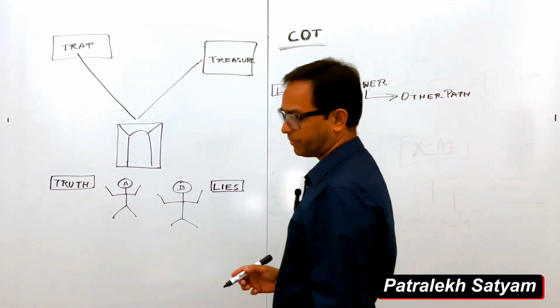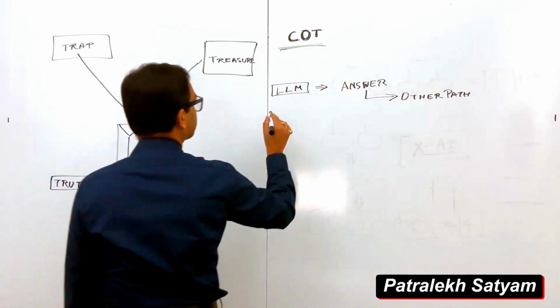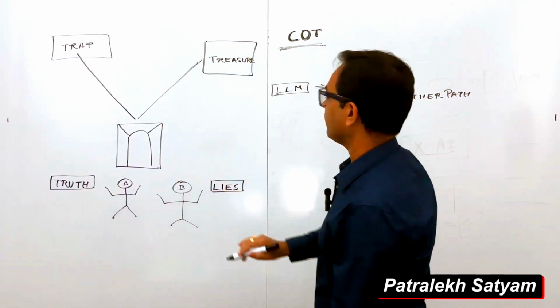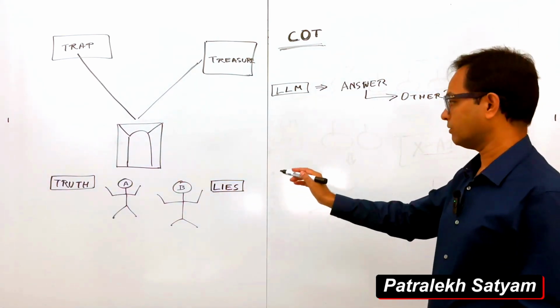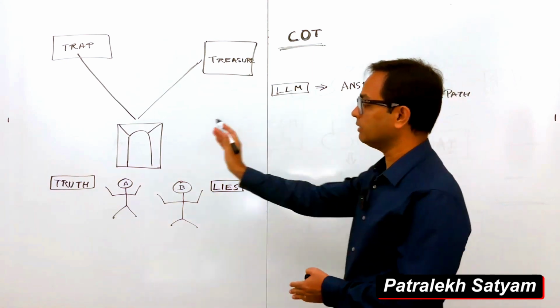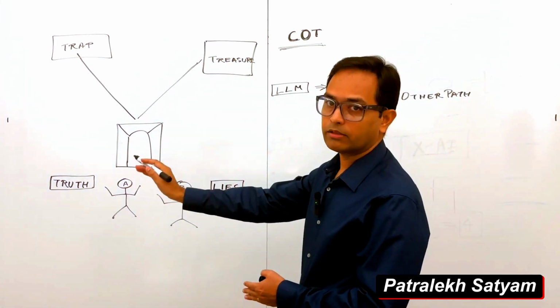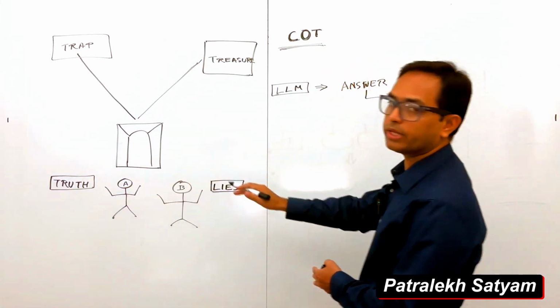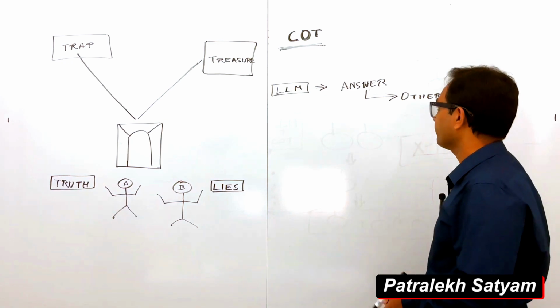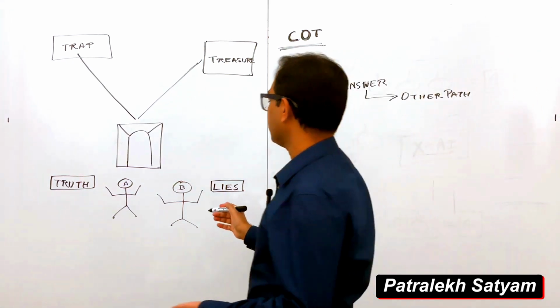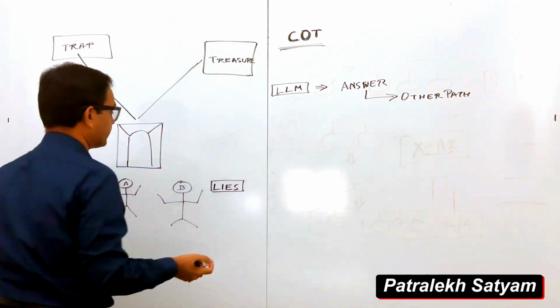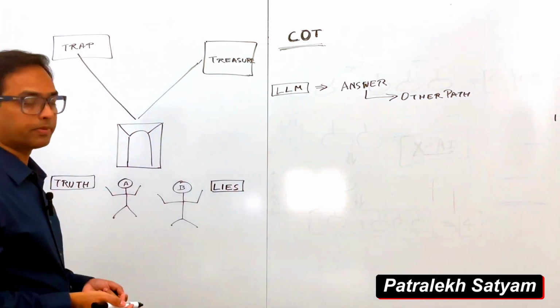Sounds very cryptic, right? So the LLM just said, ask any of the guards, what would the other guard tell me? And whatever is the answer, don't take that path, take the other path. Now, this answer is as cryptic to me as was the question, what do I ask?